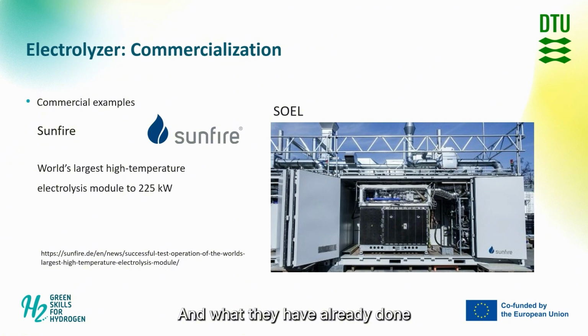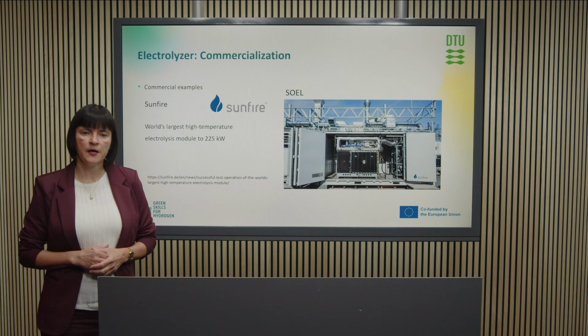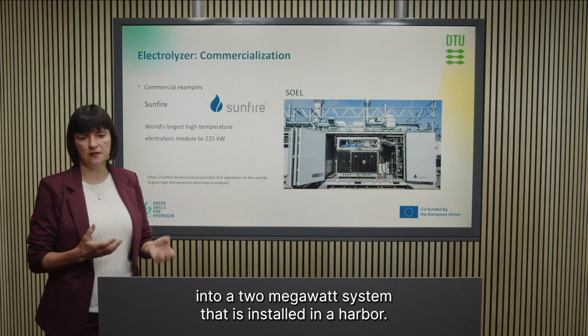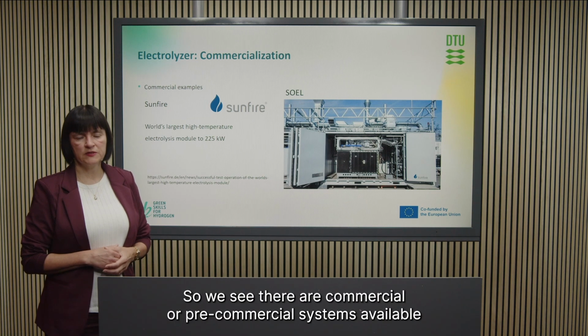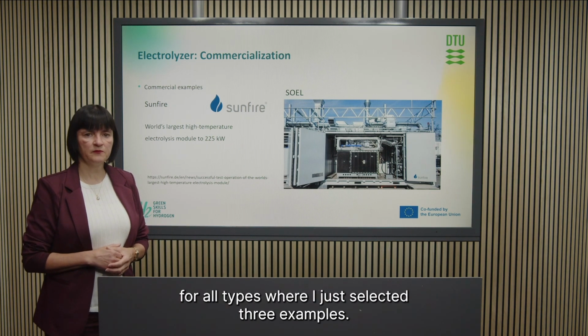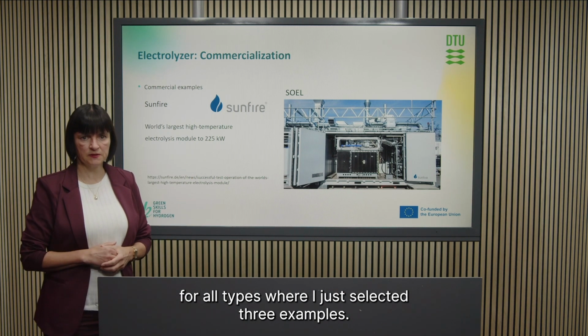What they have already done and demonstrated is to combine a few of those modules into a 2 megawatt system that is installed in a harbor. So we see there are commercial or pre-commercial systems available for all types, where I just selected 3 examples.